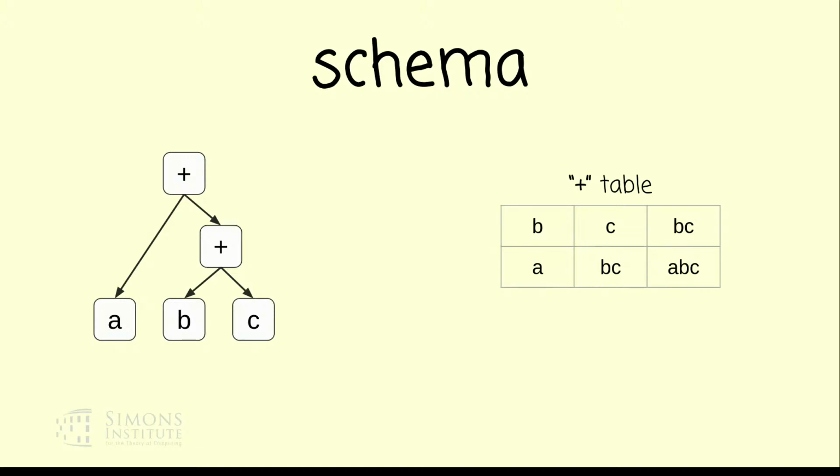And we need to sort of make up a value name for the final column, right? So we're going to say that this plus BC, we're going to name it BC. That way we have some token to refer to in the upper plus. And likewise, we're just going to name the value of that one ABC. Okay, so this is just a flattening of this tree into this table.